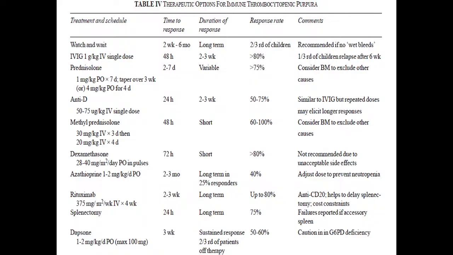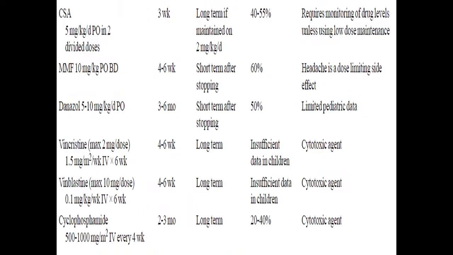Azathioprine, rituximab, splenectomy, dapsone, all these for chronic ITP, where the steroid either fails or repeated need of steroid is there, and we do not want to give repeated steroids. Cyclosporin A, MMF, danazol, vincristine, vinblastine, cyclophosphamide, these are also the choice.